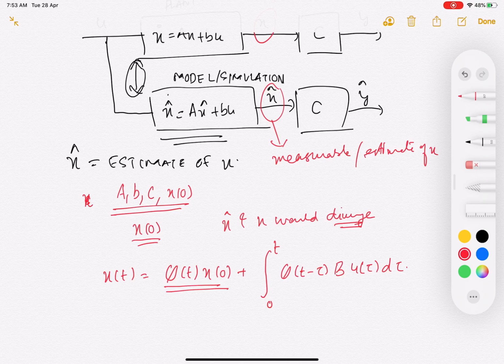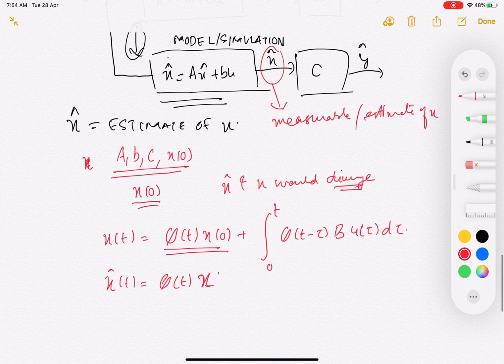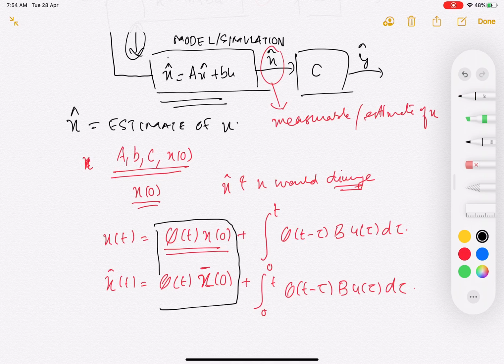then your x hat(t) would be phi(t) times x bar, the different initial estimate, plus the integral from 0 to t of phi(t - tau) B u(tau) d tau. Then this difference in this term is going to be compounded.